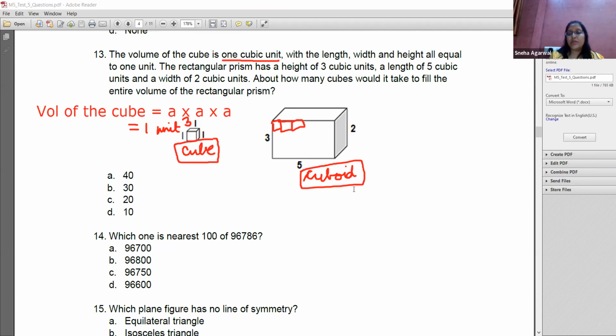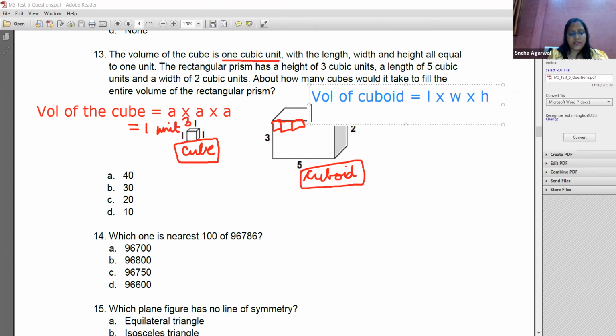Unless and until you know the formula, you won't be able to do this. So the volume of a cuboid is length into width into height. What is the length given here?